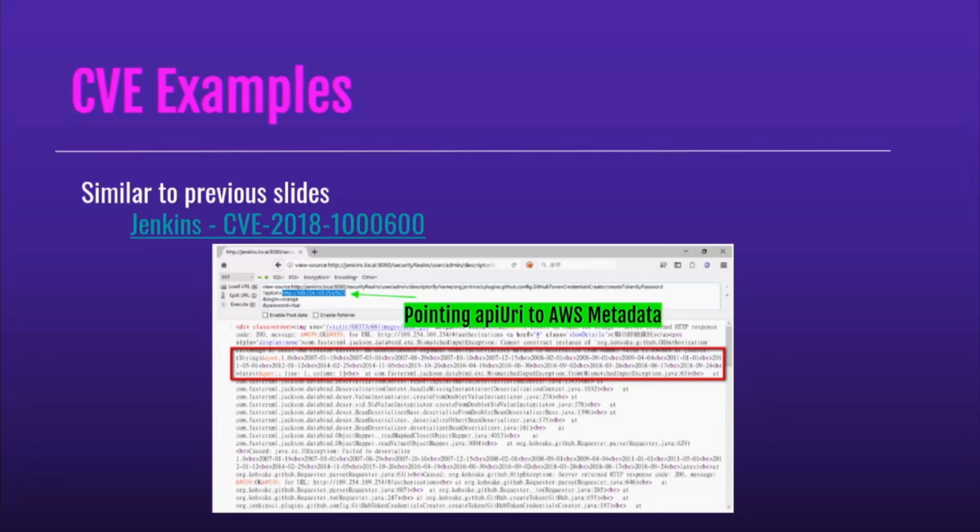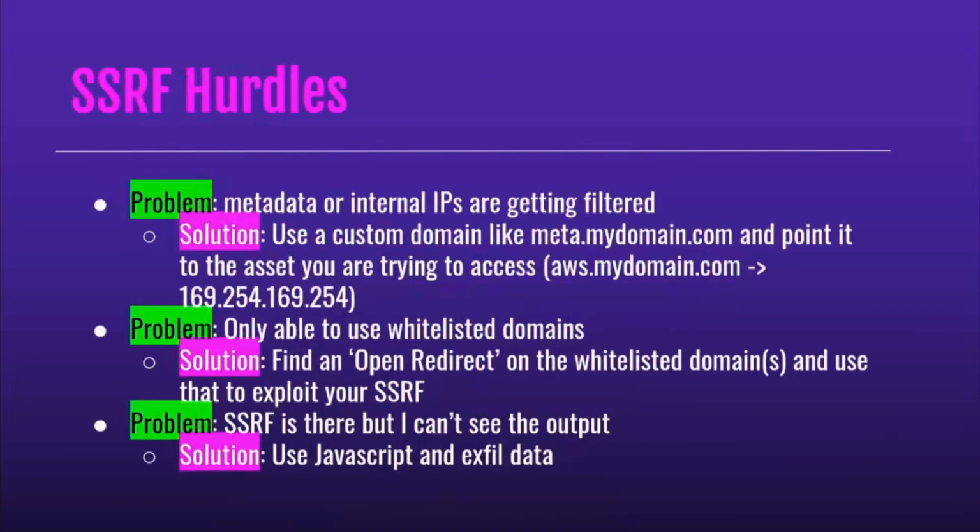So pretty straightforward stuff. Nothing you have to really bypass or fight in order to get metadata or whatever credentials you're looking for. But there are a lot of problems when that's not the case. For example, the developers may have blocked access to the AWS metadata IP address directly.